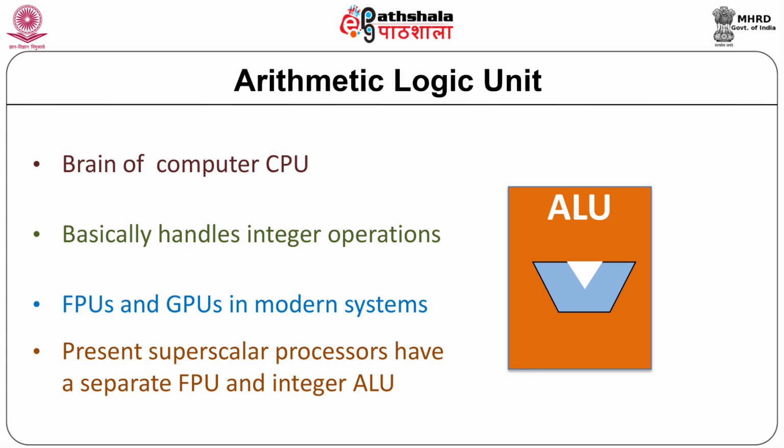In many cases, an ALU can handle either finite arithmetic or logical operations. Modern microprocessors, microcontrollers and embedded systems have very powerful and complex ALUs, floating point units, FPUs, and graphical processing units, GPUs. Present superscalar processors have a separate floating point unit and integer ALU.